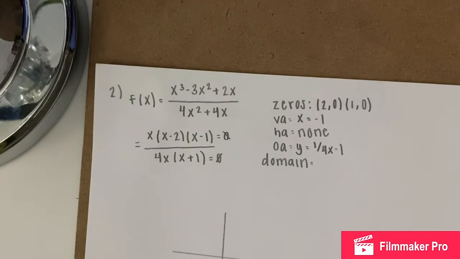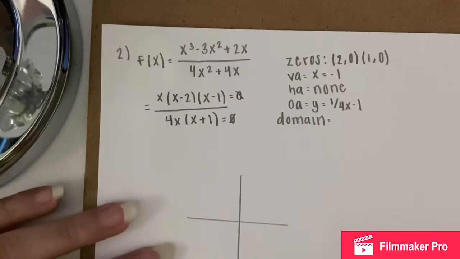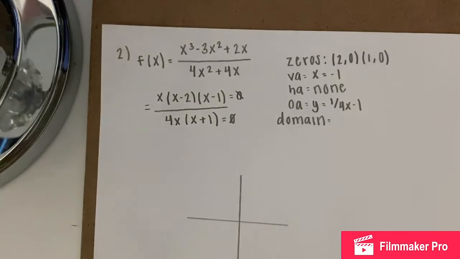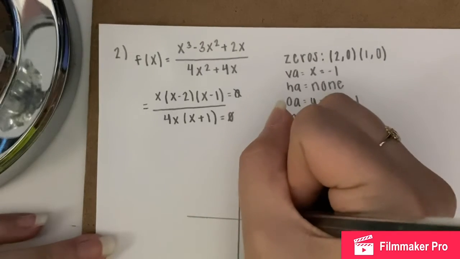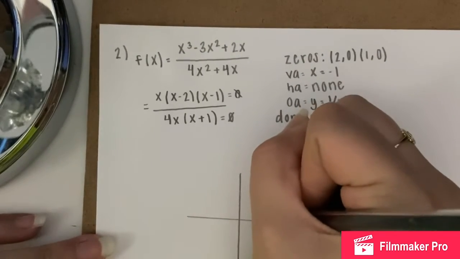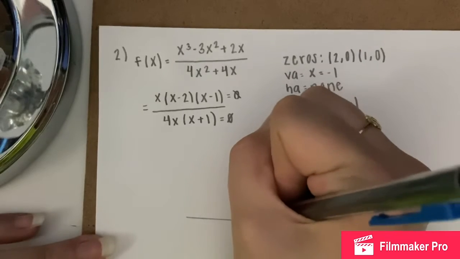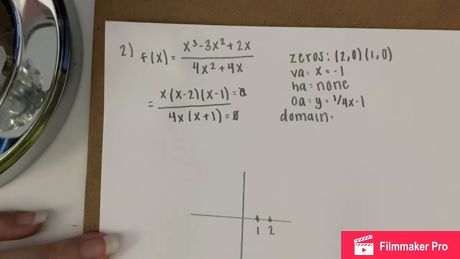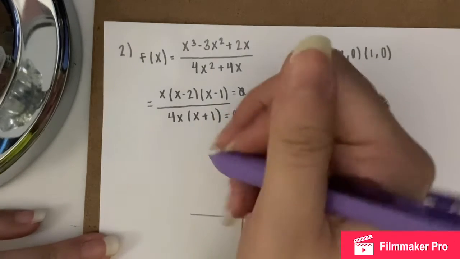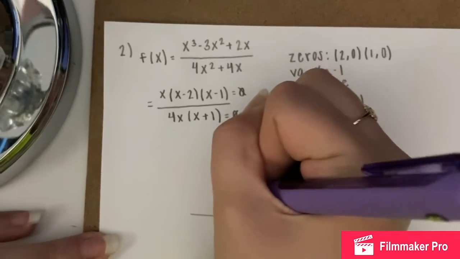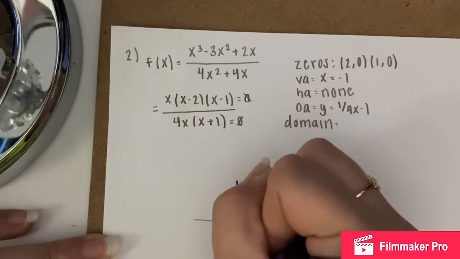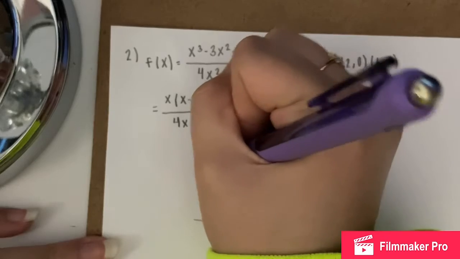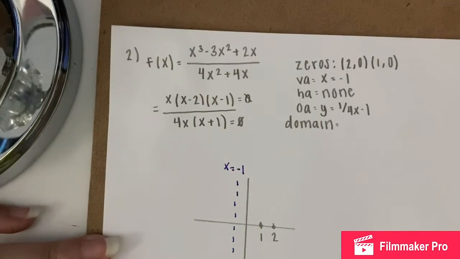Okay, and now to find our domain. So we're just going to do a quick sketch of the graph. So we know to start off that we have zeros at both 1 and at 2. And these are points we have here. And then we know we have a vertical asymptote at negative 1. So we'll just draw this around here. And this is x equals negative 1.